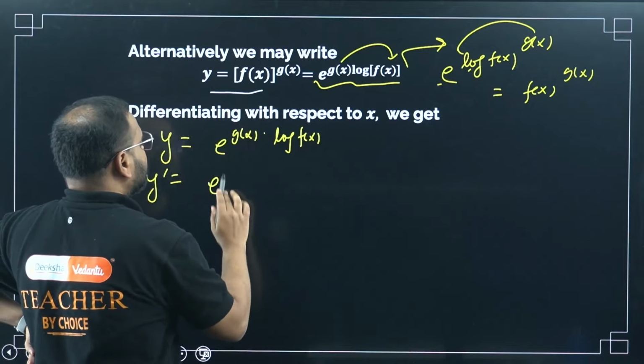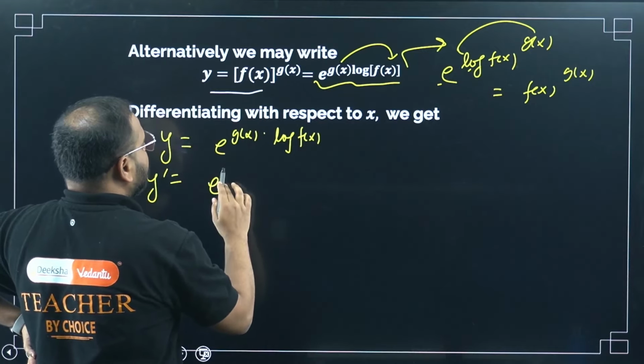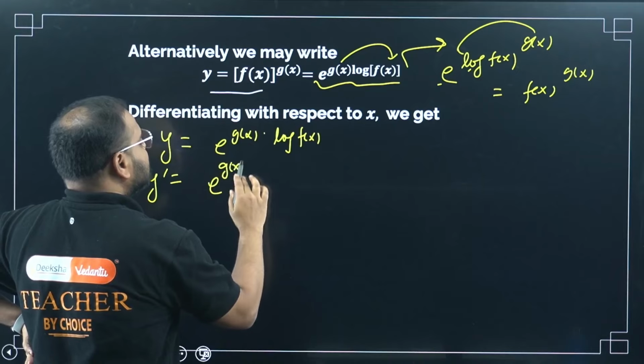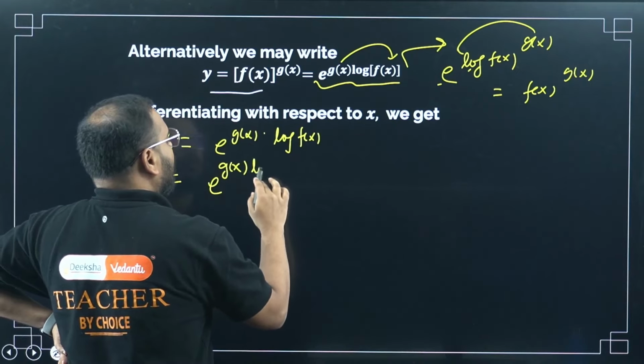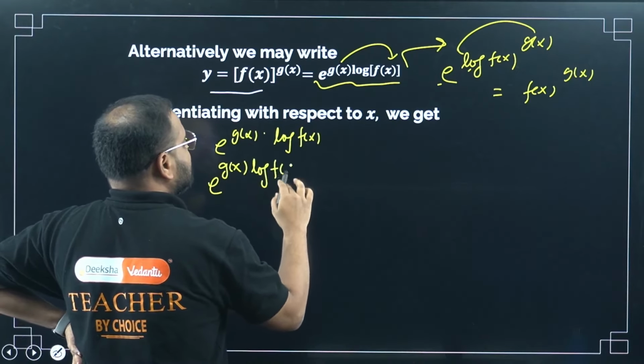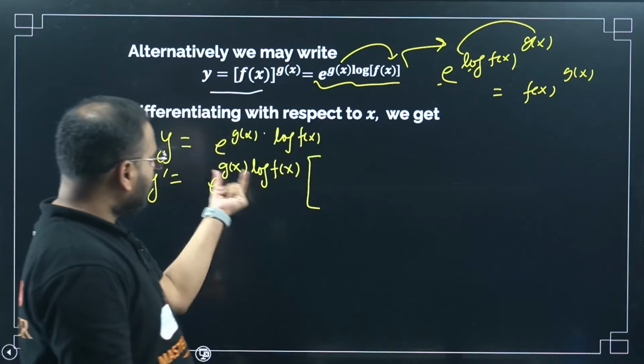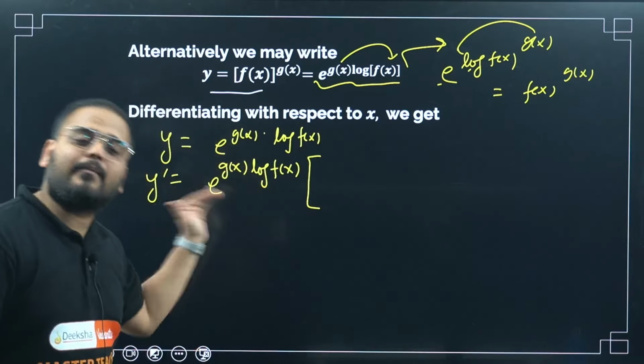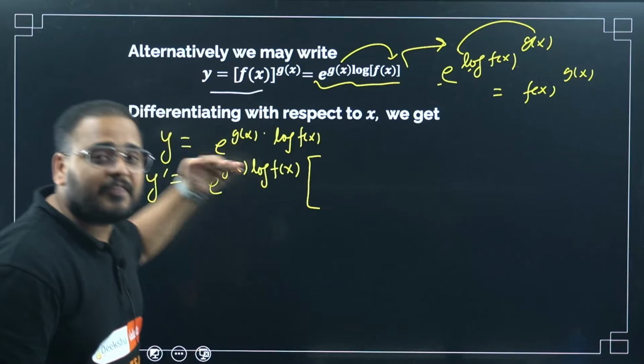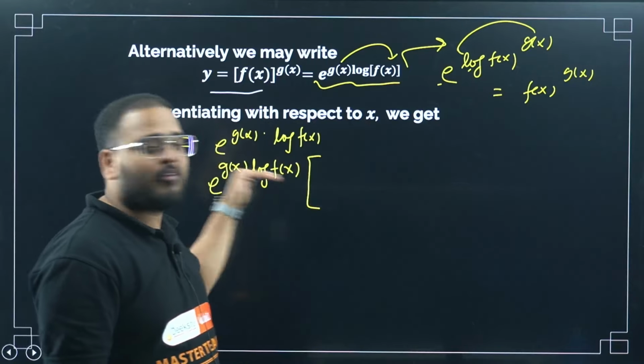First let me use this. So e will remain the same. So I'll get what? e power g x and log f of x as it is, right? Because anything to the power e will first come as it is, then you have to take the differentiation according to the chain rule for the power also.